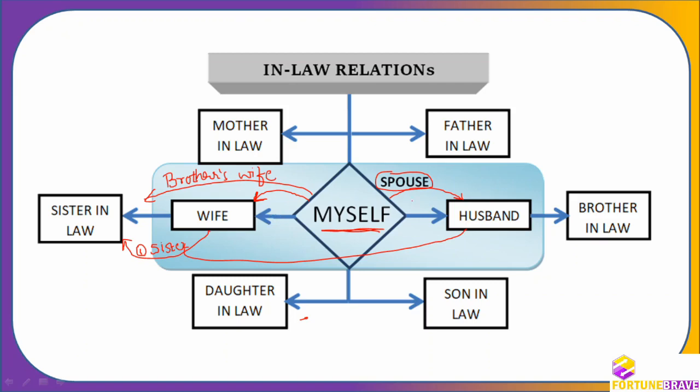Brother-in-law can be what? If I am male, then my wife's brother is brother-in-law. This is first thing. So in this case, my wife's brother is brother-in-law to me, and I am his brother-in-law. So my sister's husband is also brother-in-law.